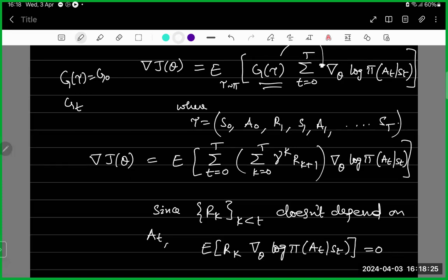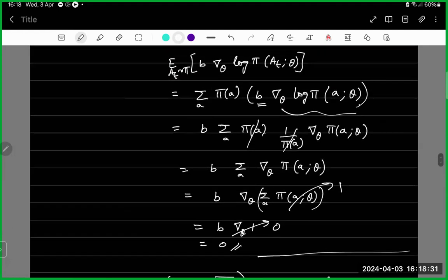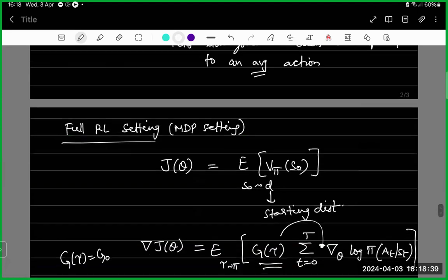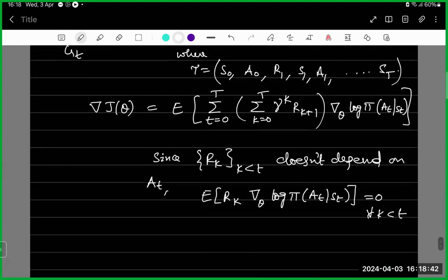We just proved above that for any B which doesn't depend on AT, the value of this expression will be zero. Here I'm stating that again with R k, which doesn't depend on what AT is for k less than t, so the expected value of that will be zero.